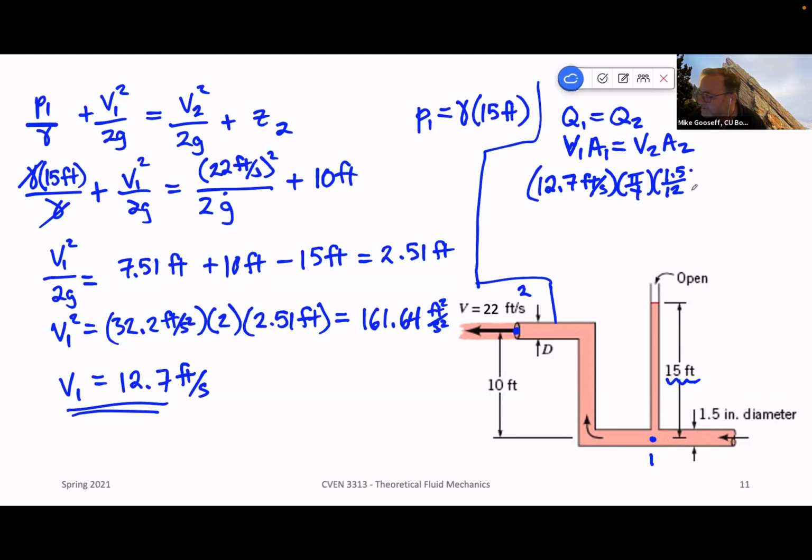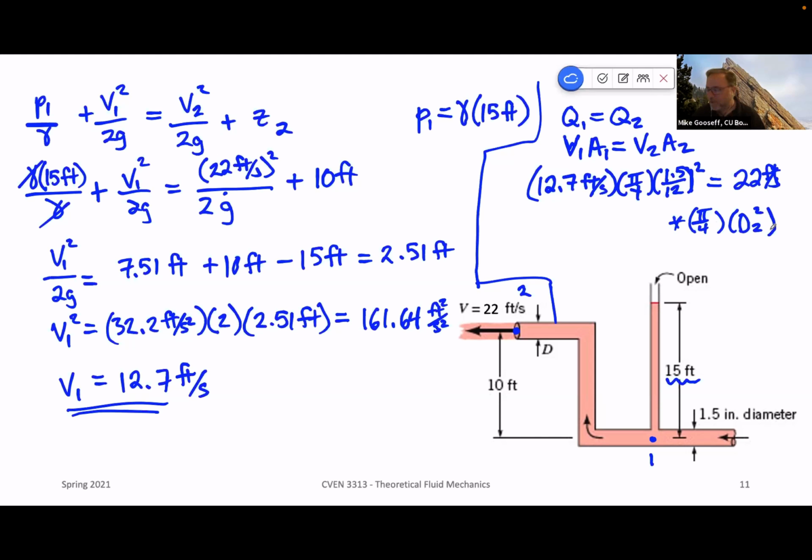That gives us feet, and we square it, all right? And that is equal to our velocity, 22 feet per second, times pi over 4 times D2 squared. Okay.